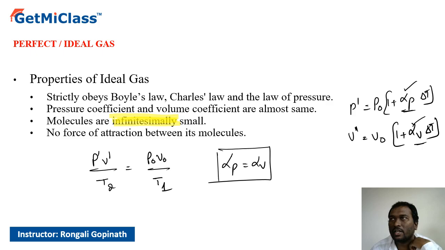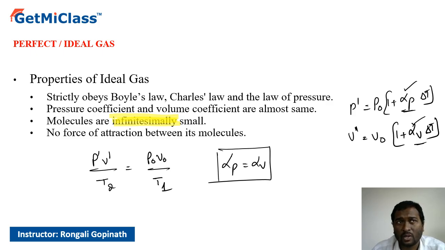See, by just telling you the main point, you can infer different things from this. For example, if there is no force of attraction between its molecules, it implies I should never be able to convert these gases into liquid form, isn't it? Why? In liquid, the force of attraction between the molecules is greater than that of the gases, isn't it?